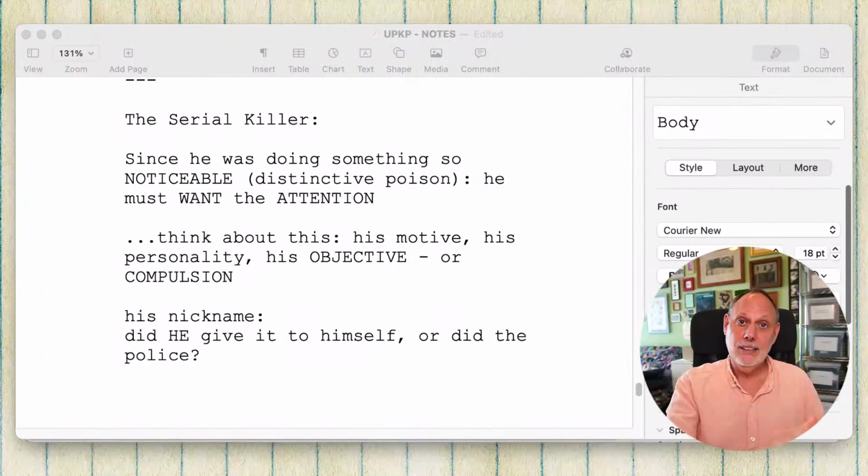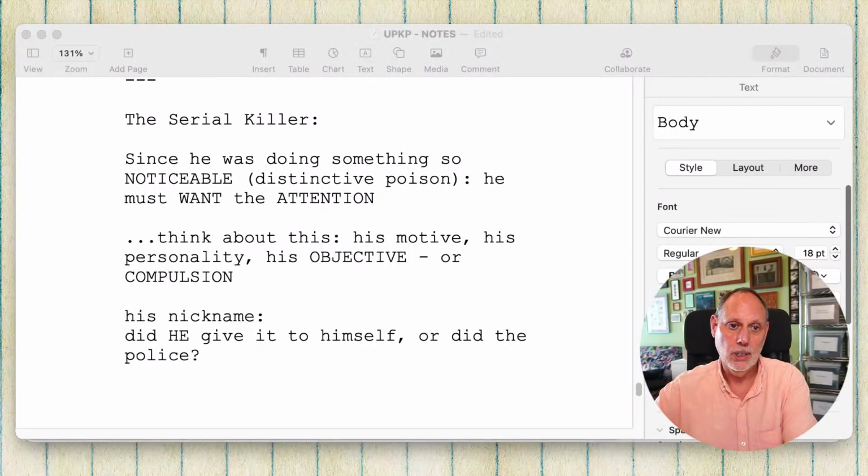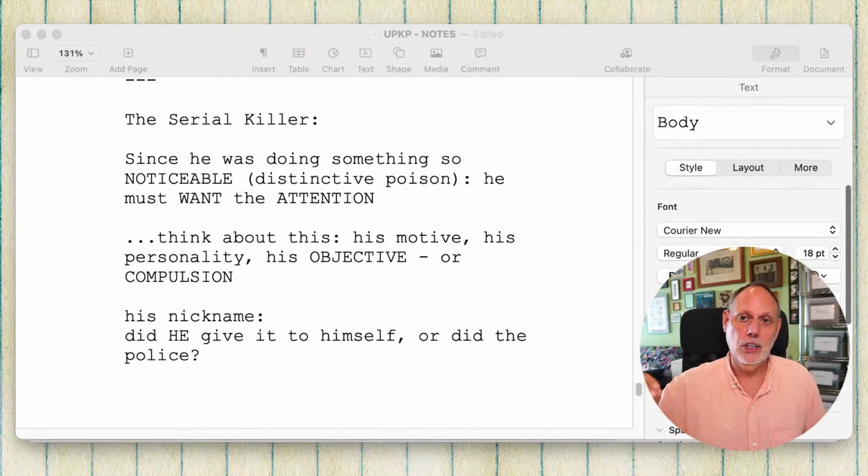Basic cable has some commercials, depending on which channel and how they do it. So you need to figure out which type of show you're trying to do and then structure like they do. If you're doing an hour-long streaming show, watch a bunch of them, take the pilots apart, make an outline of the pilot, and figure out the structure that works for you. But there is no actual standard official format for a pilot.